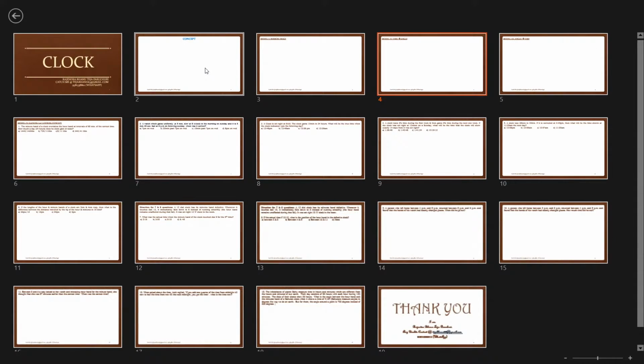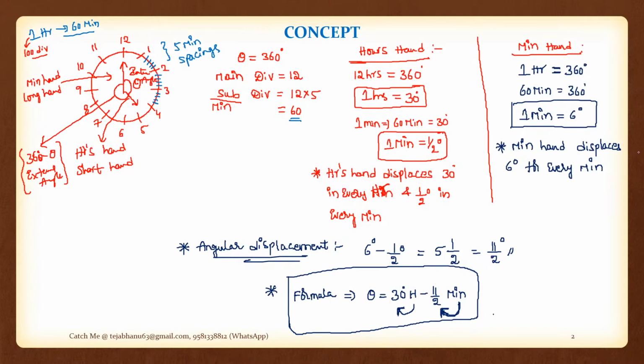If you consider our hand, our hand displaces 30 degrees for every hour. That's why I have taken 30 degrees. Is this clear?